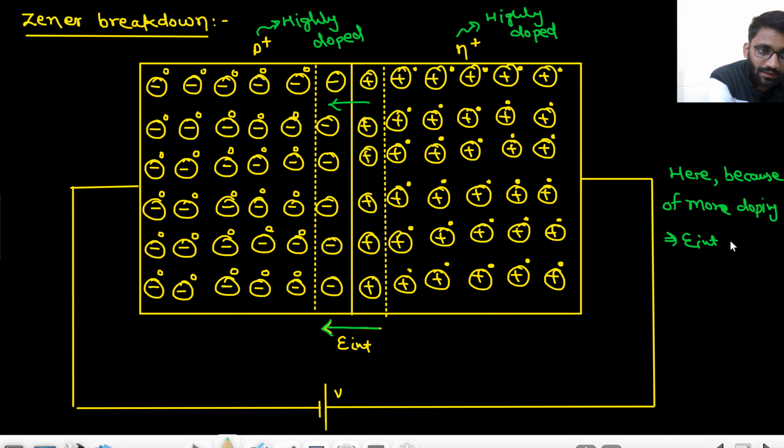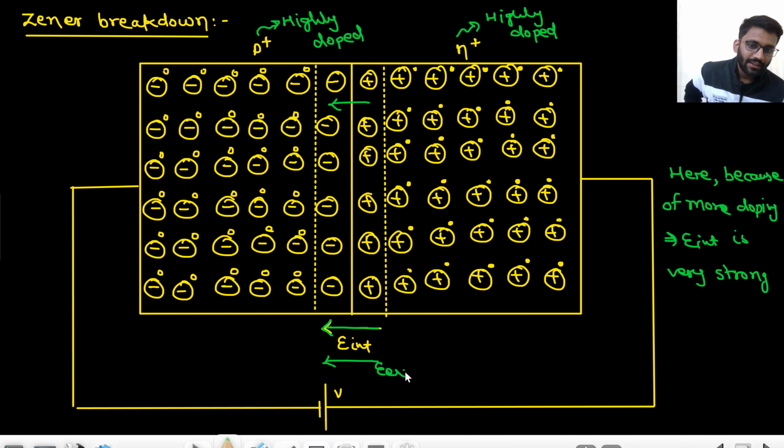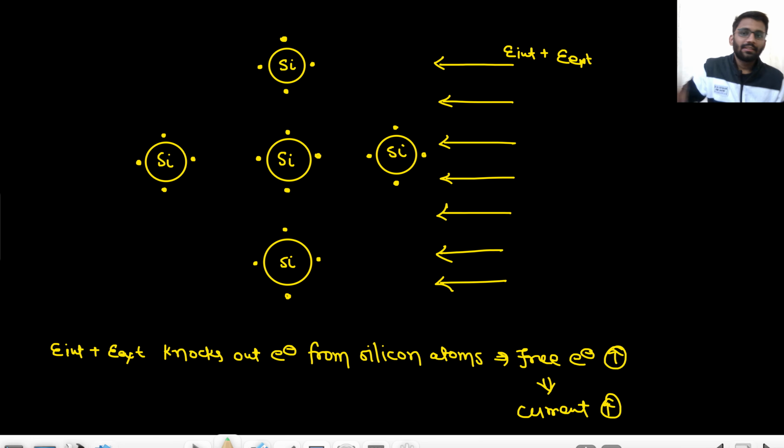And also I am applying an external voltage as well. Now this electric field is so strong that this electric field itself is capable of knocking out these bounded electrons.